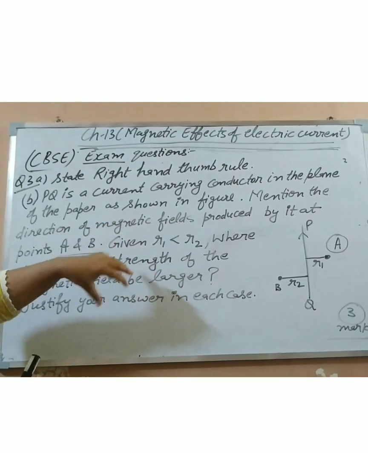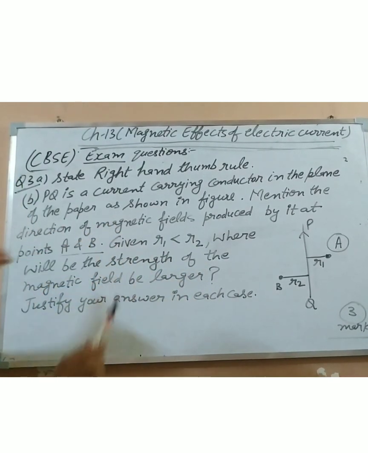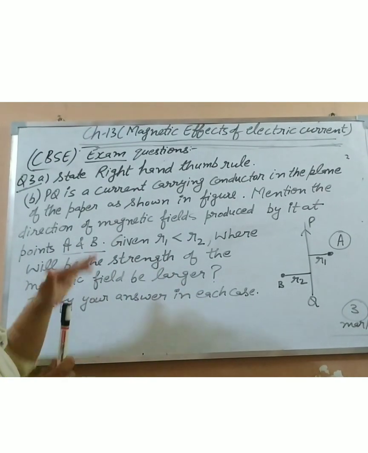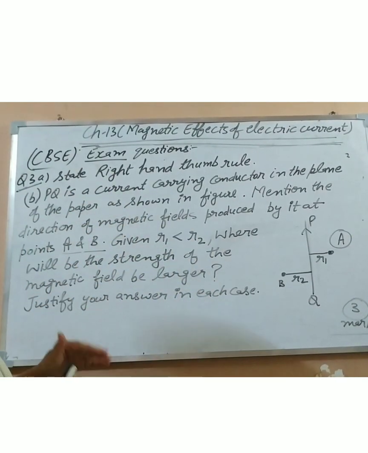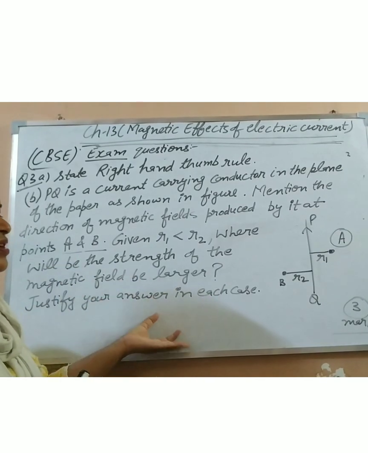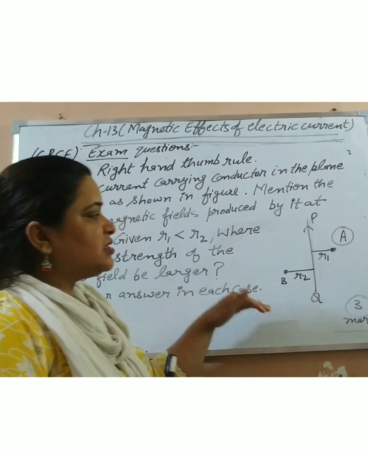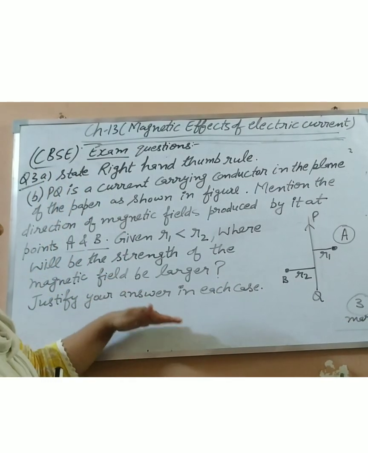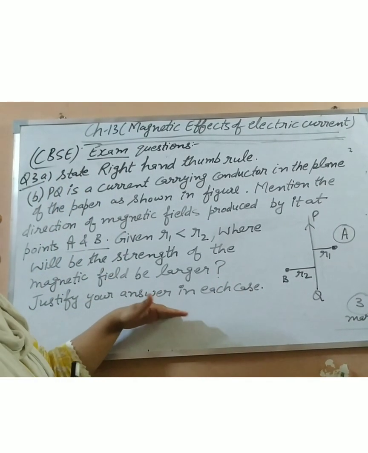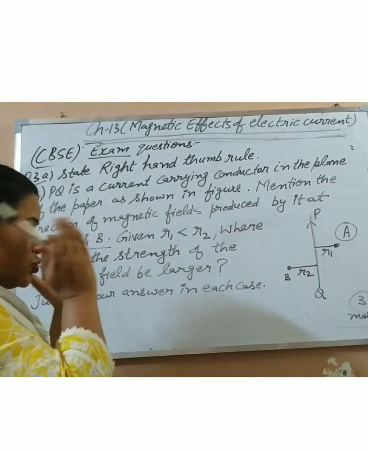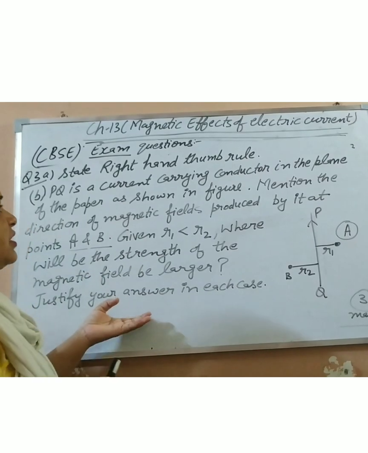So the same activity, the CBSE examiner changes the language of the question, but every time your answer is the same. In the paper you have to understand that it is based on the distance from the straight conductor. So use your mind and you can do these questions.